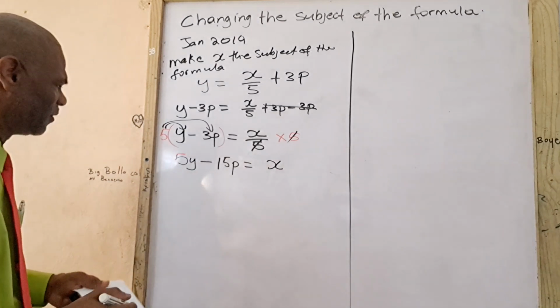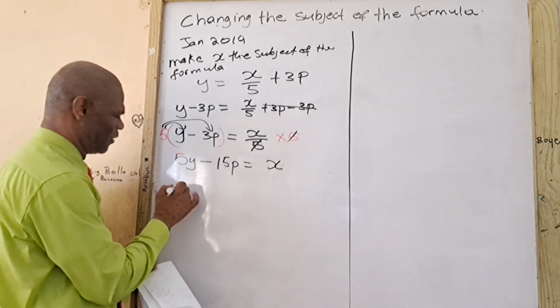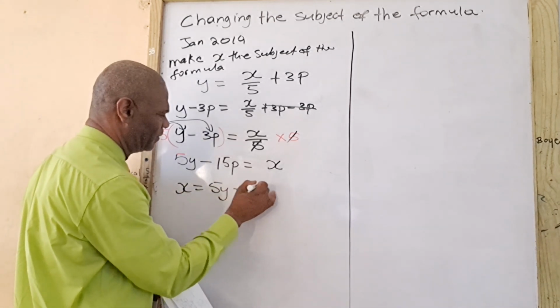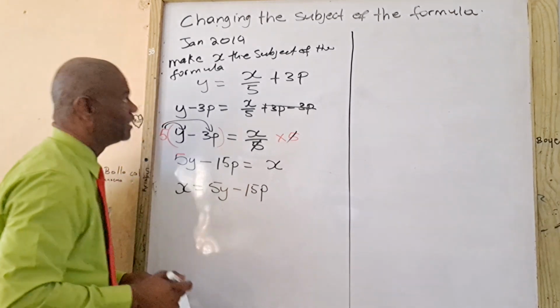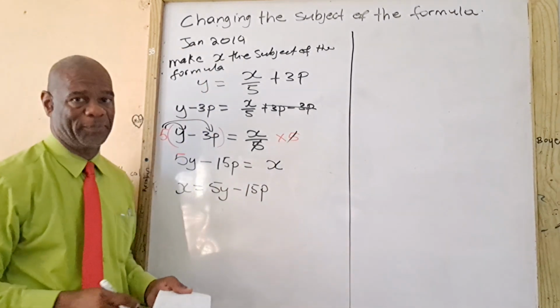So x is equal to 5y minus 15p. And this came from the January 2019 CSEC paper.